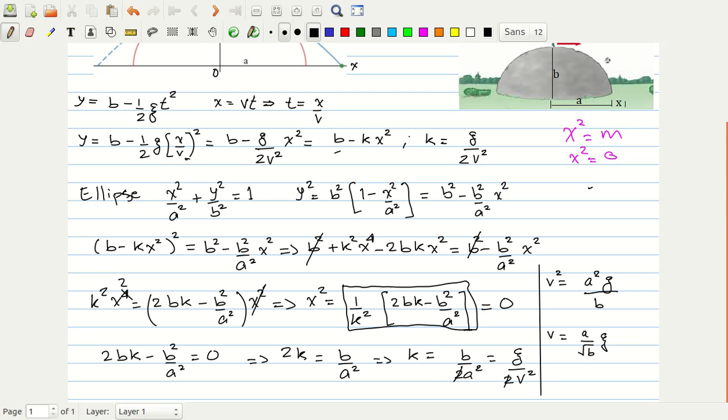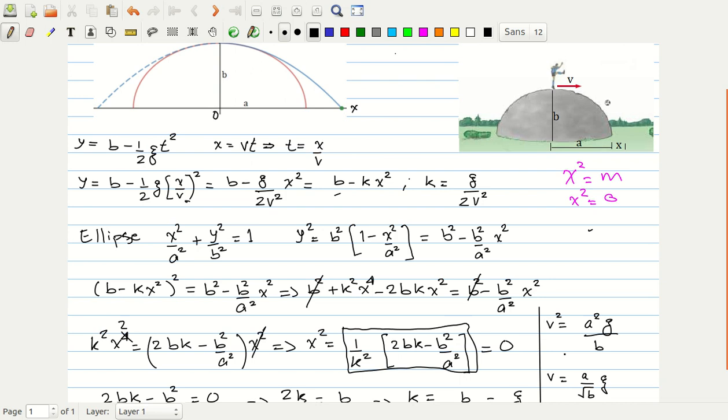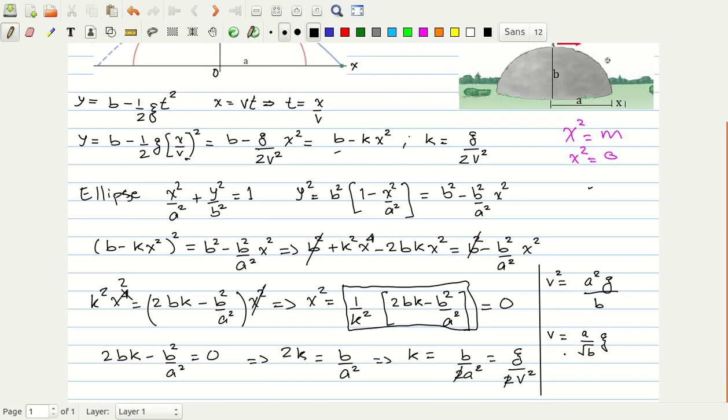Now suppose this is not an ellipsoid but a hemisphere, right? So I'm talking about the second part of the question. Second part of the question is that it's a hemisphere. So in that case, both my minor axes and my major axes are going to be equal to the radius of the hemisphere, and you will get v is equal to r divided by root r, which is going to be square root of r, and this is also in square root because it is g here.